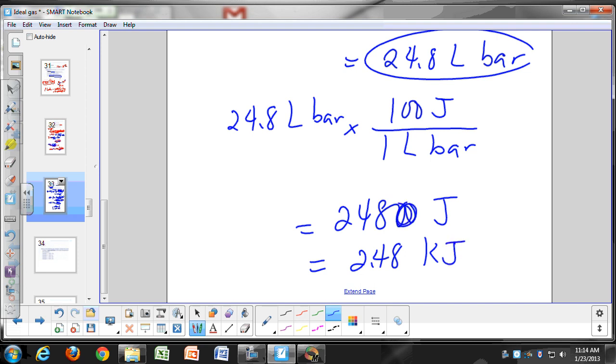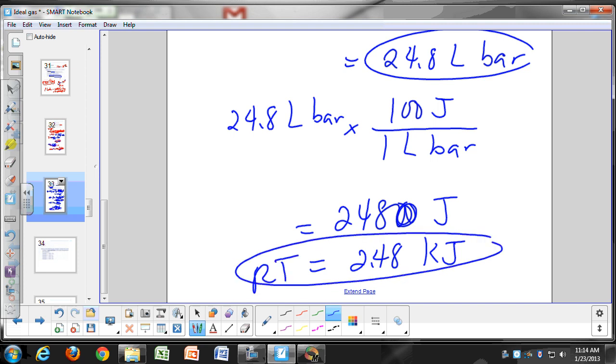Or 2.48 kilojoules. So that's the value of RT at room temperature. It's about 2.5 kilojoules. Okay? So that's a nice number to remember because, like I said, you'll see that a lot when we do our calculations in thermodynamics. RT at room temperature is about 2.5 kilojoules.